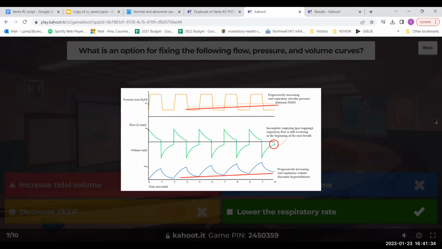You go a very, very quick inspiration and then you allow expiration to happen very gradually because there's no energy involved. It's just a recoil effect of your chest wall. And increasing the tidal volume would require more time to inspire. That would eat into your expiratory time and that would not be advisable for this patient.